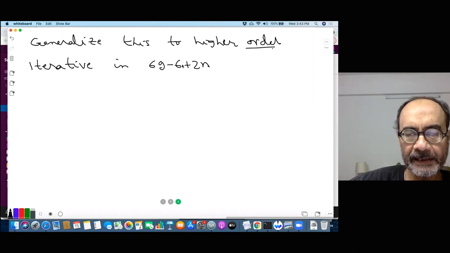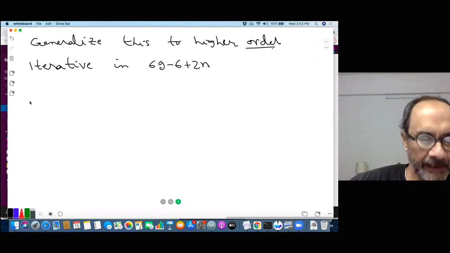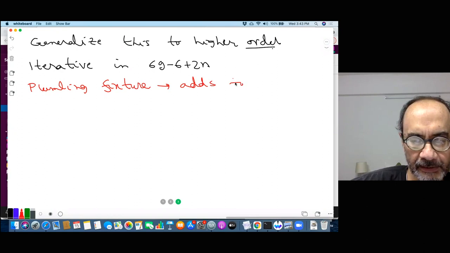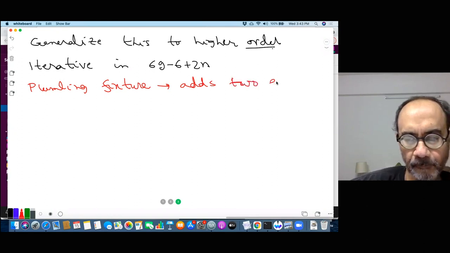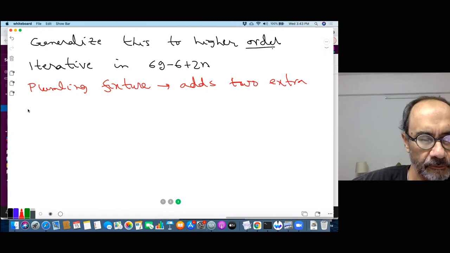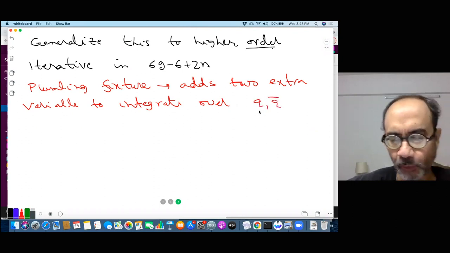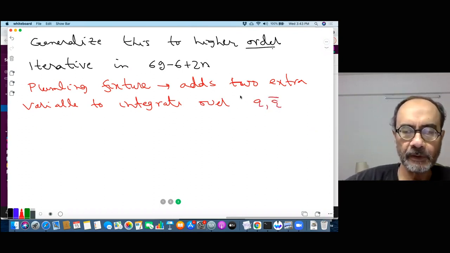The reason that we iterate in this is because we know that plumbing fixture adds two extra variables to integrate over, and that's this q, q bar. You have to do integration over q, q bar.